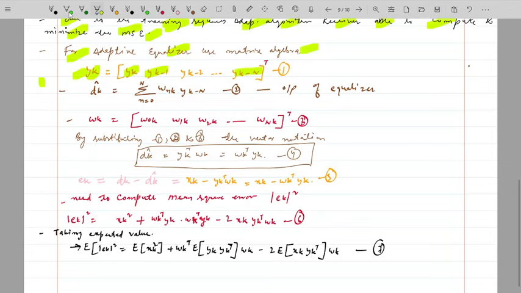So this is the input signal, and d of k cap represents the estimated output of the equalizer.